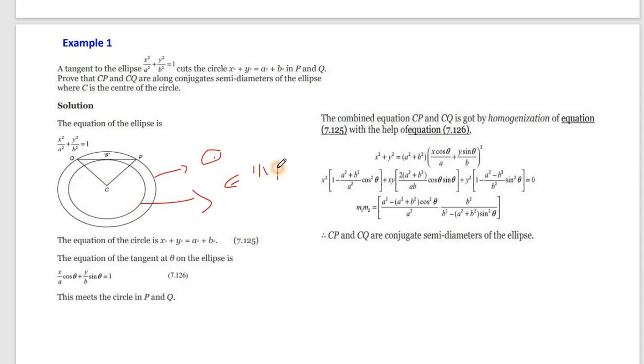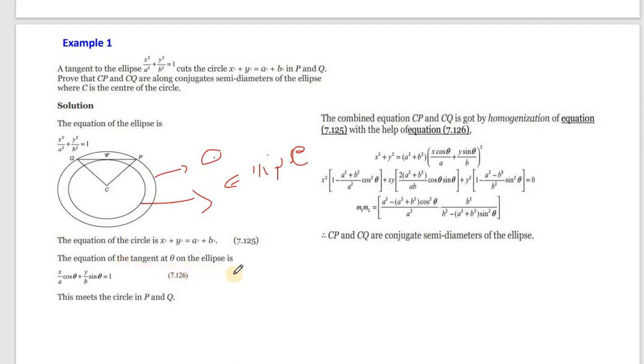So by reading the question again and again, you will know what is what and the diagram will come out correctly. So the equation of the ellipse is this one, and the equation of the director circle is this.